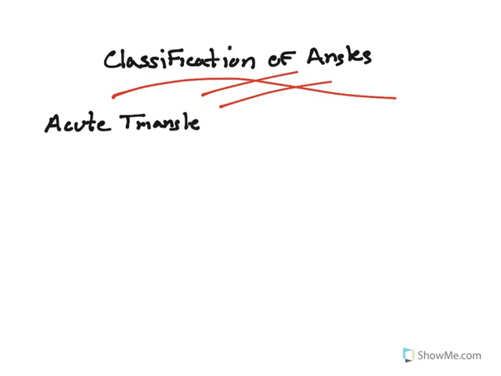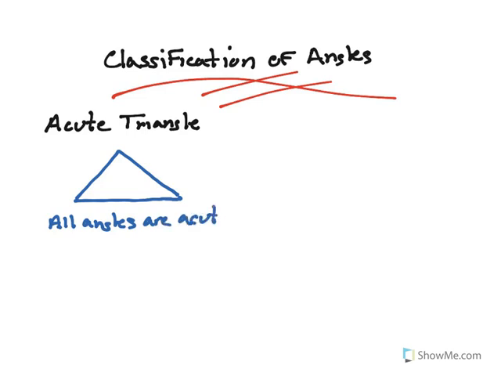And that's basically all the angles inside the triangle are acute, which means less than 90. So all angles are acute. So that means this angle, and that angle all add up to 180, but every one of those angles are less than 90.